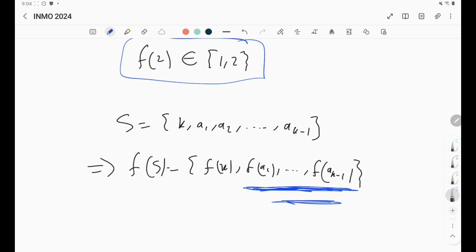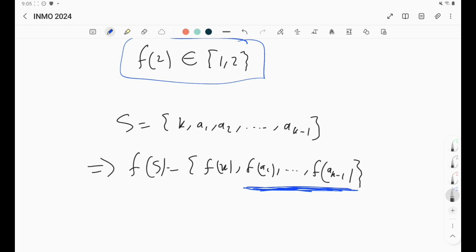When can we guarantee doing that? We can guarantee that when f is unbounded. If f is unbounded, that means we can always have large values for f, so yes, we can do that.